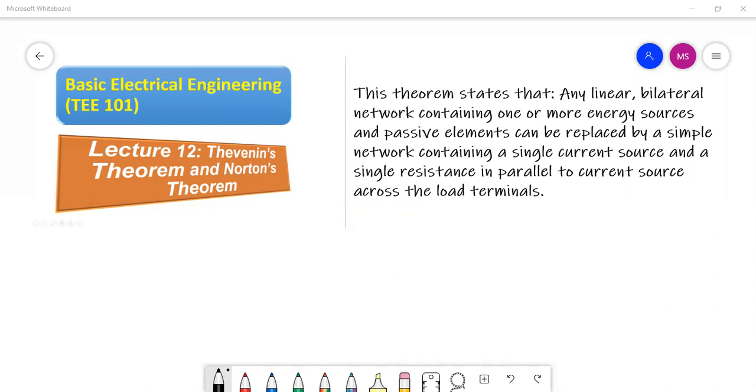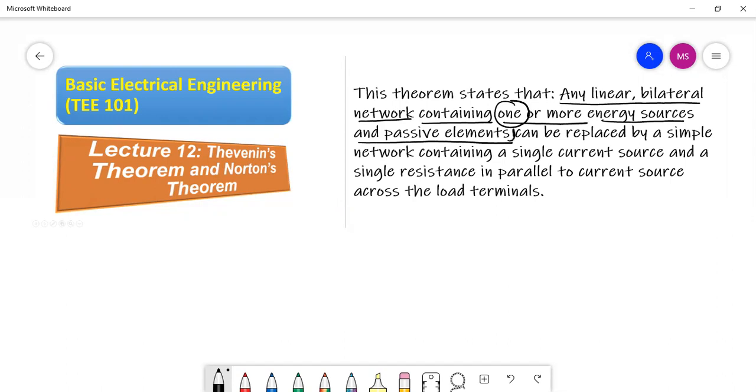So this theorem states that any linear bilateral network containing one or more energy sources and passive elements, right? In the superposition theorem, we had a minimum of two energy sources in the network, but in this case we must have at least one energy source or more along with the passive elements.